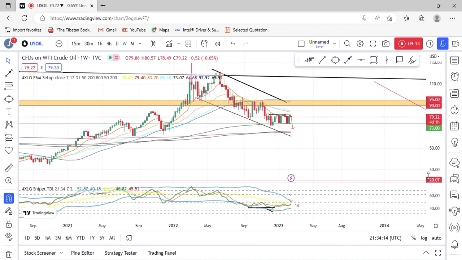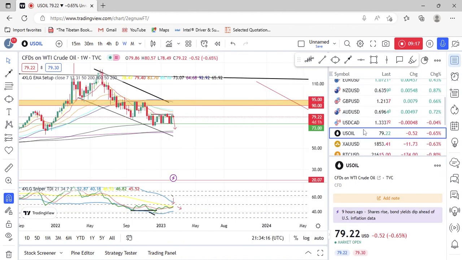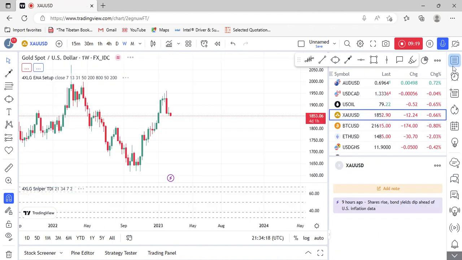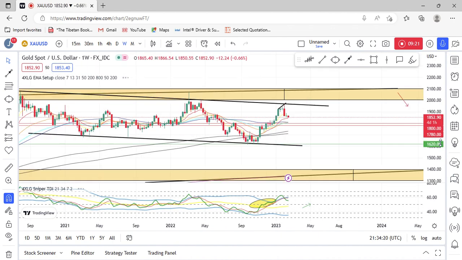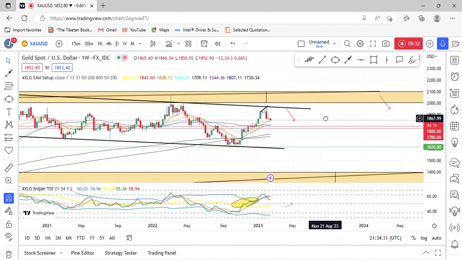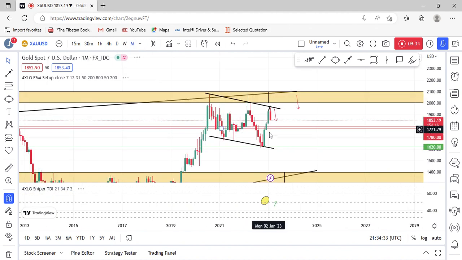So let's look at our next commodity. That will be gold. Also divergence over here for a bearish opportunity. So also a decline in the prices of gold.